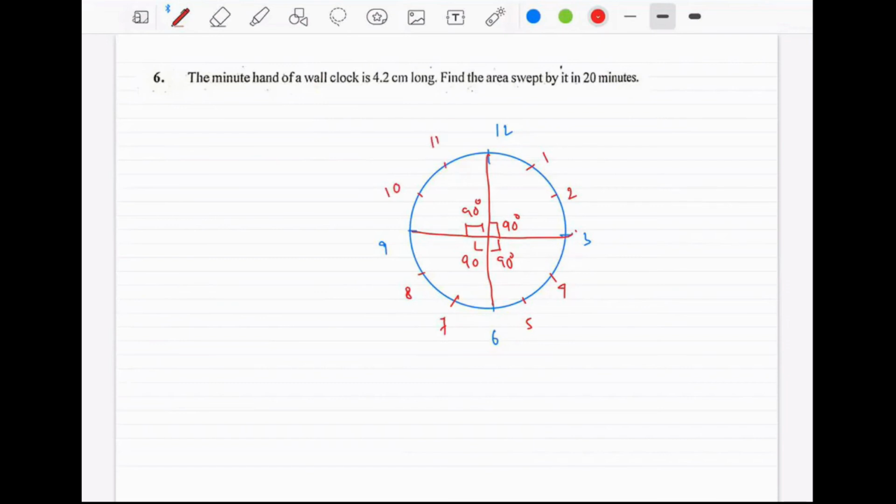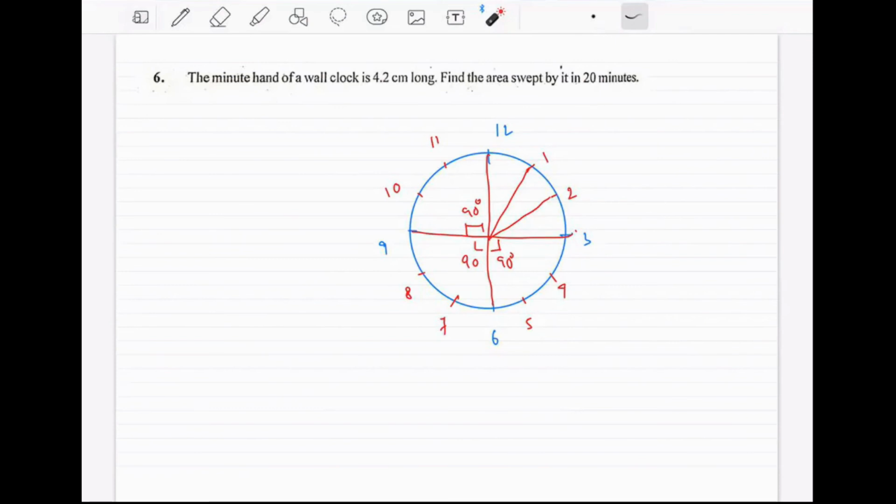Let's say we are counting on the minute hand. If the minute hand goes from 1 to 2, how much will be the angle? Look at this total angle. This total angle is 90 degrees, right? The 90 degrees is divided equally into three equal parts.